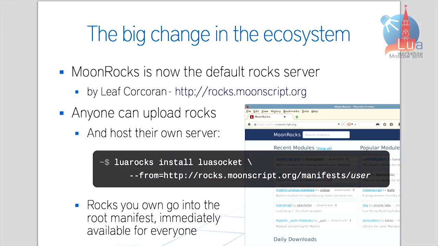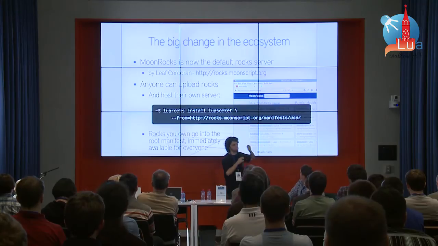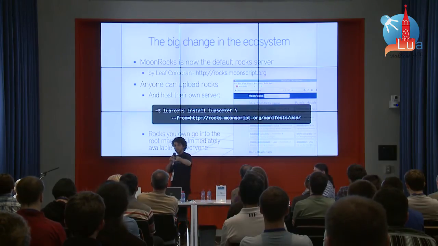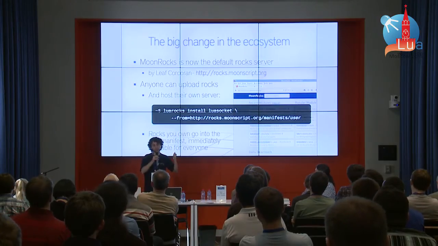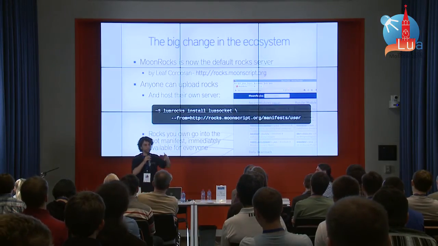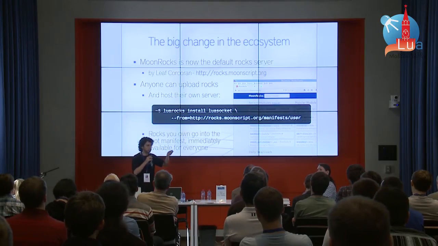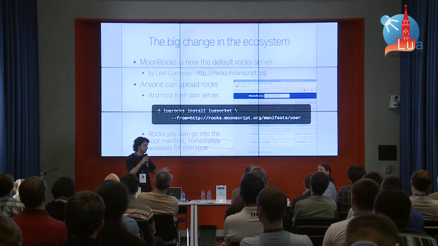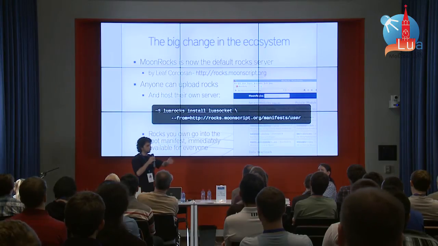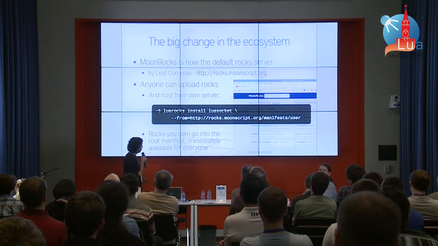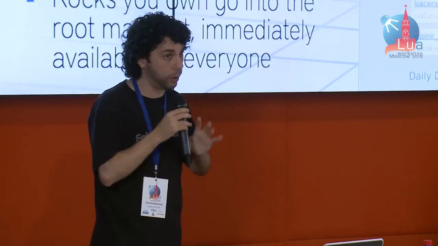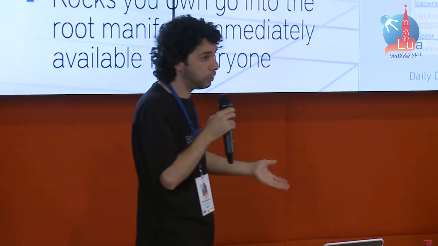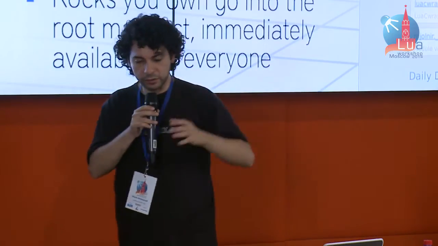Each rock has an owner, and the logic is whoever gets it first gets the rock, and all the ones that were in the old LuaRocks repository, we are actually saving those names, and people are taking over the rocks via their GitHub credentials or contacting us. So that was a big change, and now rocks you upload go directly into the manifest, immediately available for everyone. So we no longer have the curation, but things are much faster now in that sense.